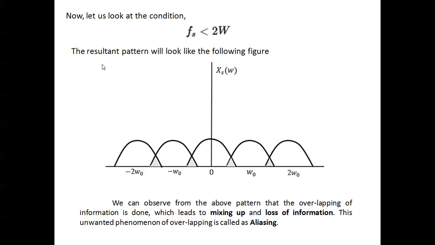This overlapping condition we call aliasing. Aliasing happens because the sampling frequency is less than twice the highest frequency, so the signals are mixed up.